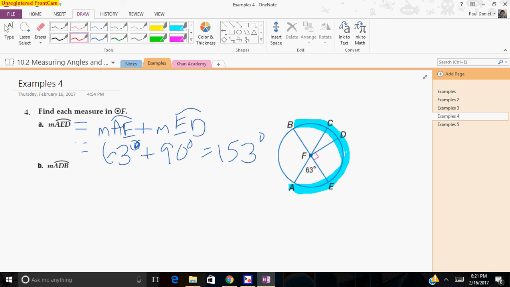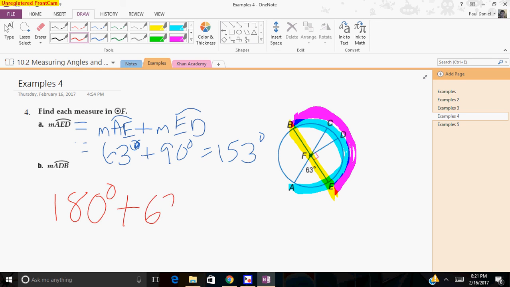I stop and I stare at this thing for a little while, and I see that right there I have a diameter. So that means the measurement of this part right up here that I'm highlighting in purple is 180 degrees. And what's left for the rest of it is 63 degrees. So the measurement of ADB is 180 degrees plus 63 degrees, which is 243 degrees.